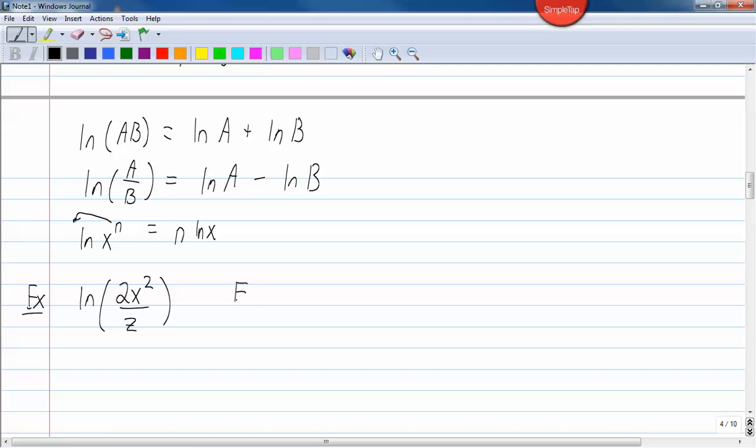So if I wanted to expand this logarithm, then the way you would do that, first you apply the quotient rule. So you can say the natural log of 2x squared minus the natural log of z.